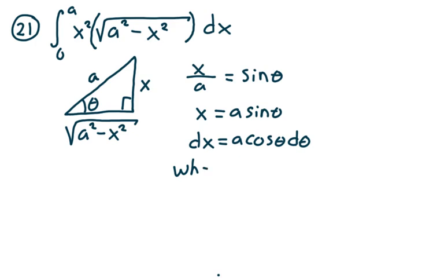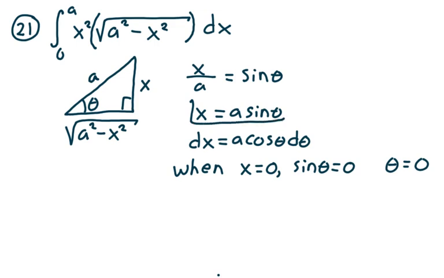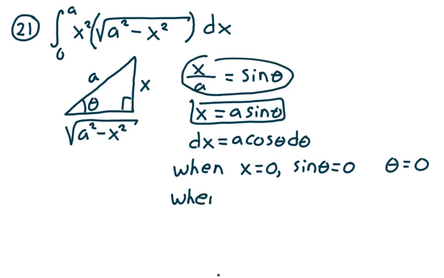Now, when x is 0, we have sine theta equals 0, and so theta equals 0. So notice I'm substituting right here, or you can substitute up here too. Doesn't matter. When x is a, we have sine theta equals 1, and so theta equals pi over 2.